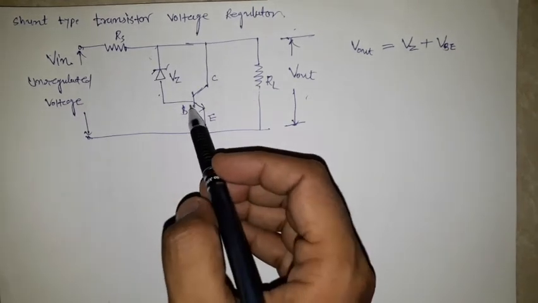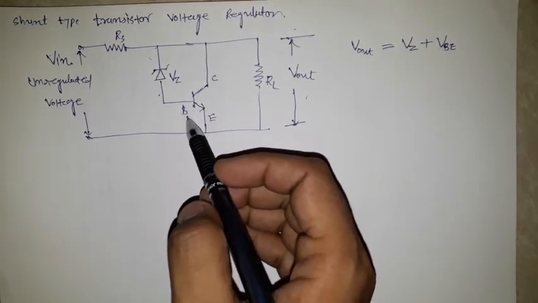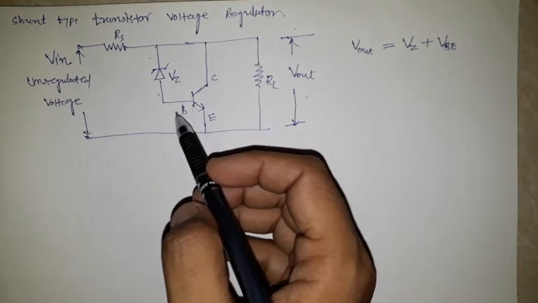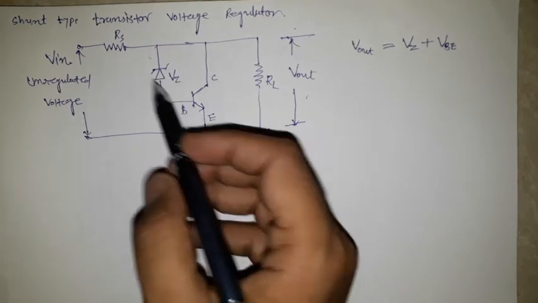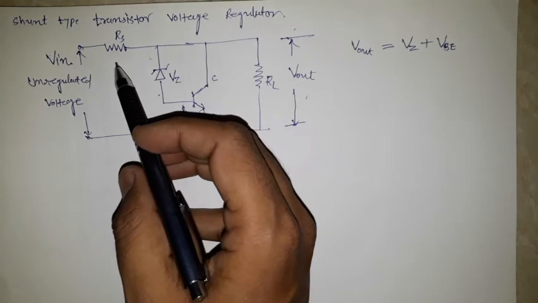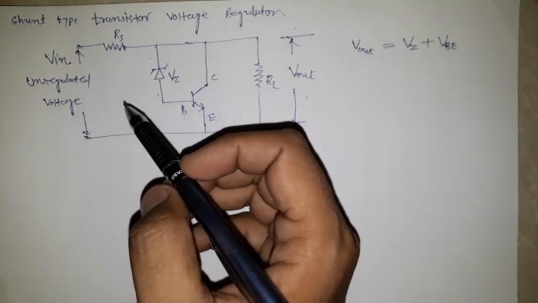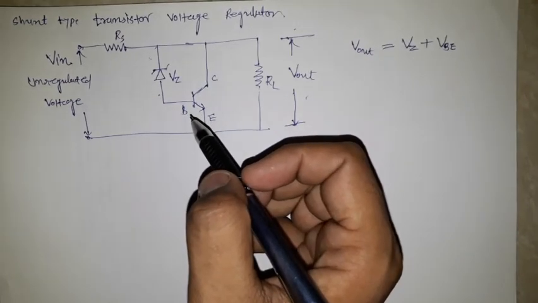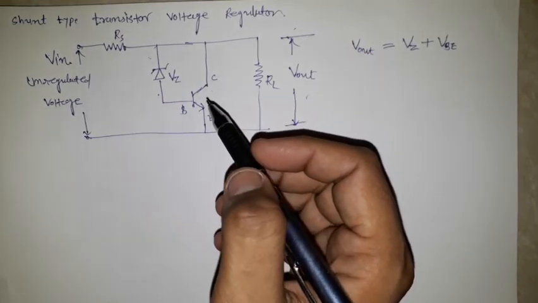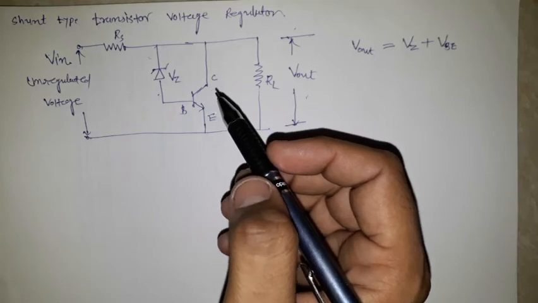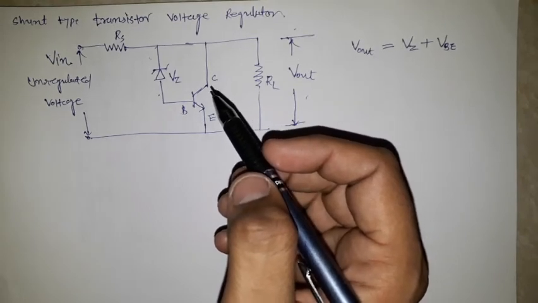Okay, so voltage feedback to the base reduces the collector current, and there is less voltage drop across RS. Again, the attempted change in output voltage is offset by an opposing change in voltage across the series resistor.